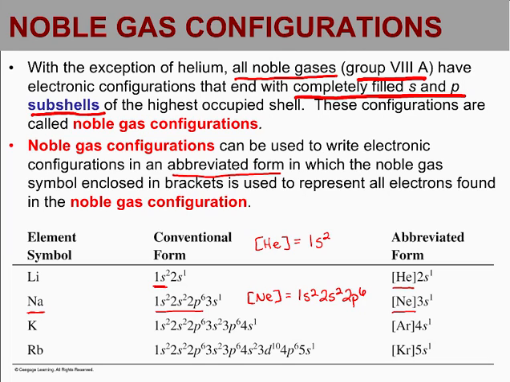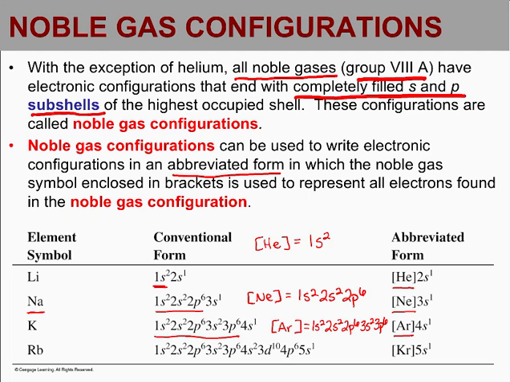Now, for potassium, I'll just show you that the noble gas that comes right before potassium is argon. So this is in the row above potassium's row. And argon's electron configuration is 1s2, 2s2, 2p6, 3s2, 3p6. So we could substitute part of potassium's electron configuration with the configuration of argon.